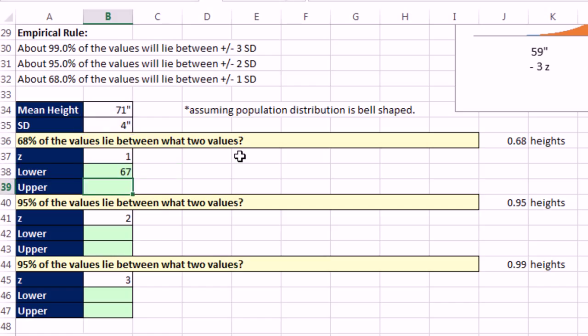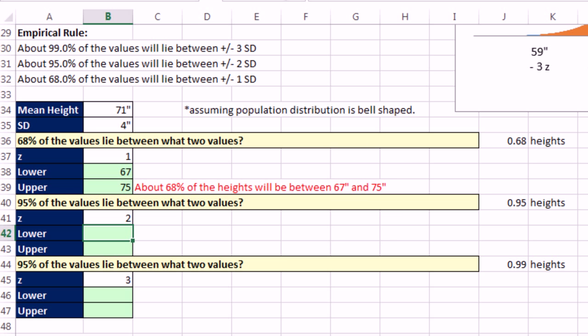So the lower height for our 68% rule is 67 inches. The upper, we're still taking our mean plus 1 standard deviation times the amount of the standard deviation. So about 68% of the heights will be between 67 and 75 inches.